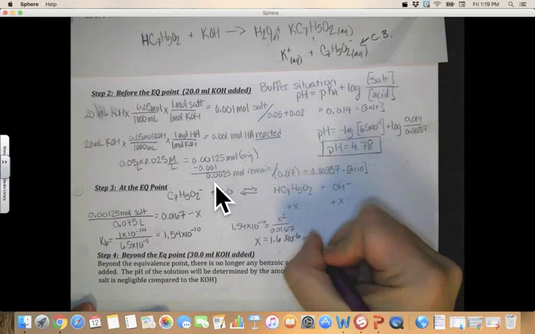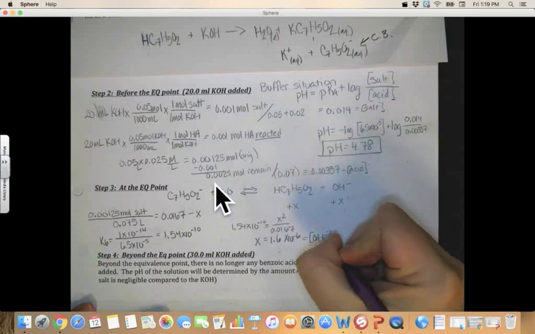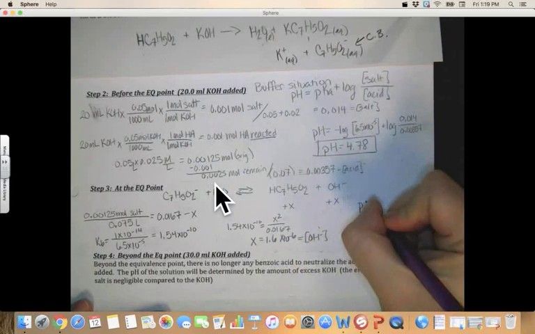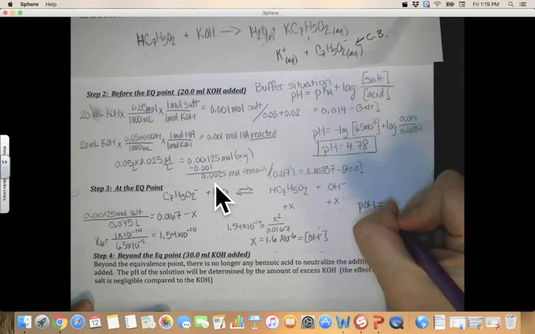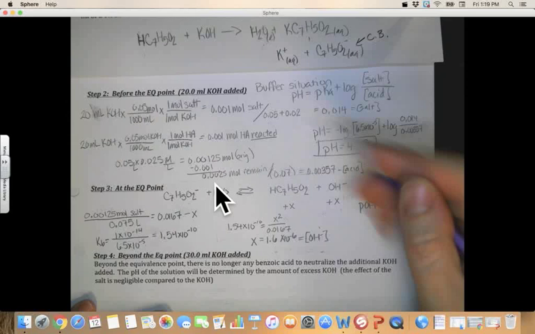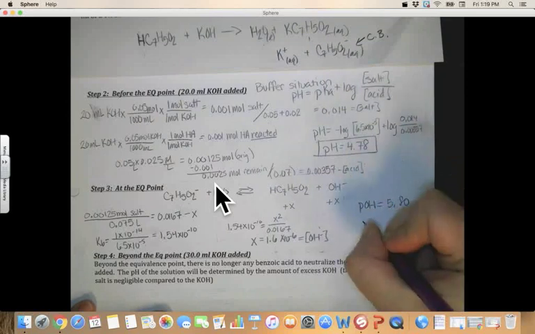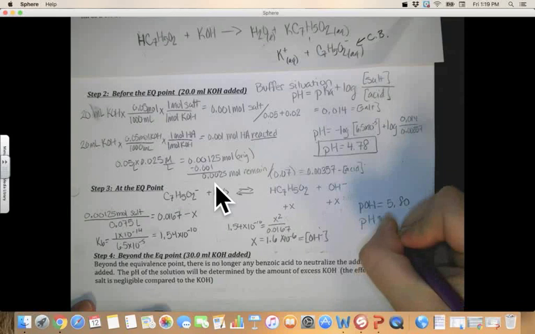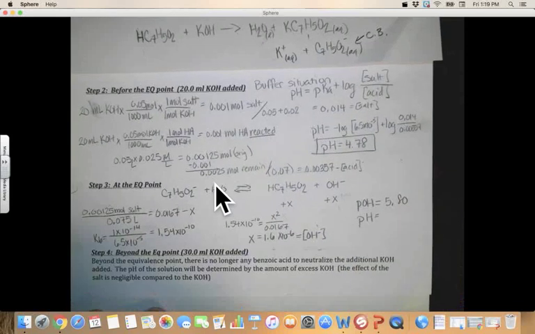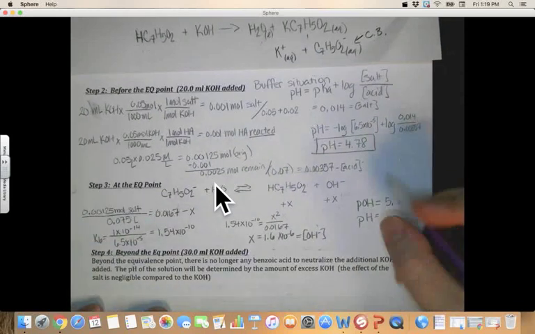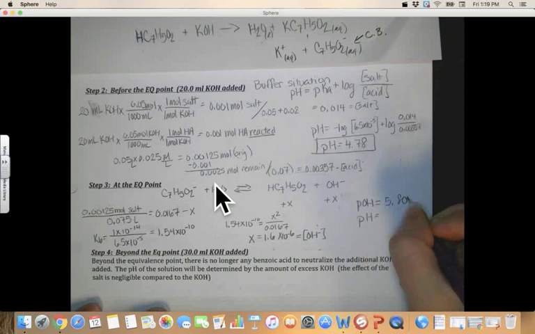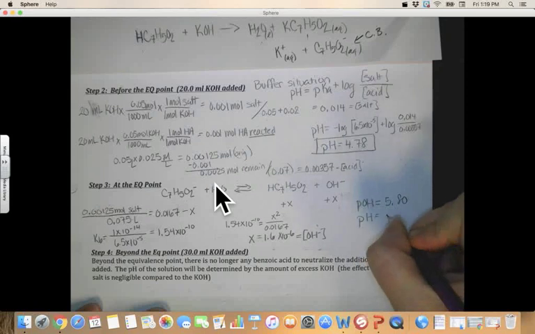And that is my hydroxide concentration. So I can then take the negative log of that, and so my pOH is 5.80. pH plus pOH always equals 14. So I subtract 14 minus 5.8, and I get 8.20 as my answer here.